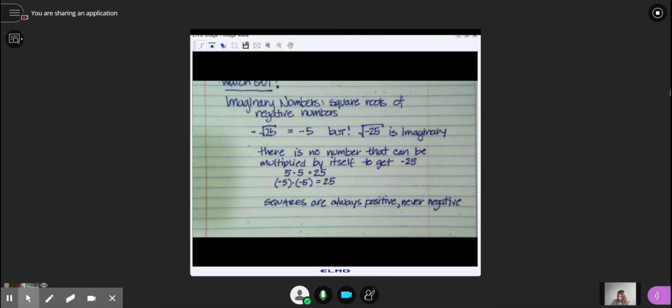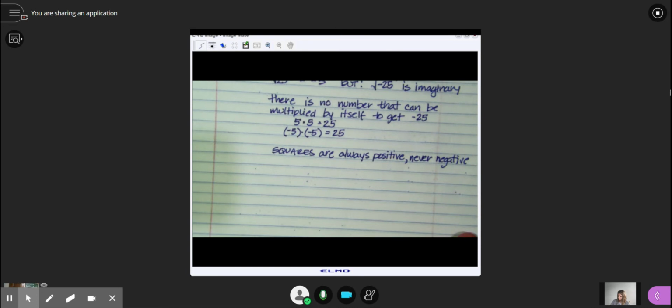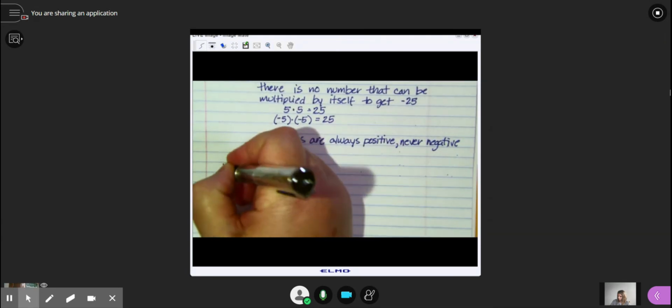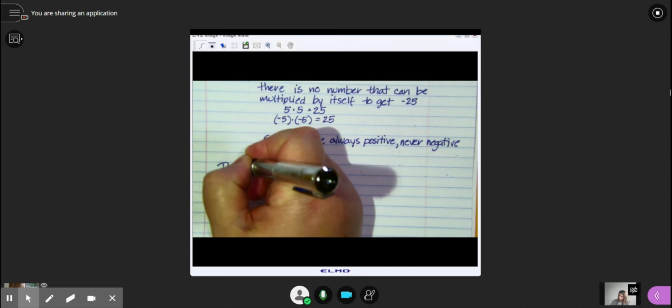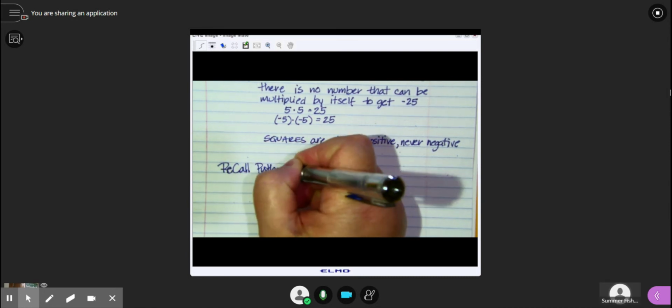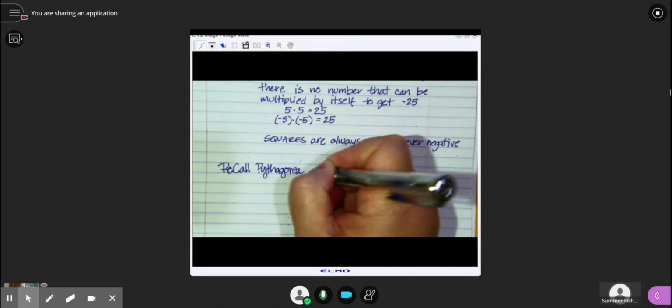Okay. The other thing from 8.1 is Pythagorean Theorem.